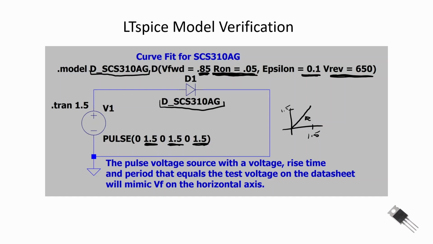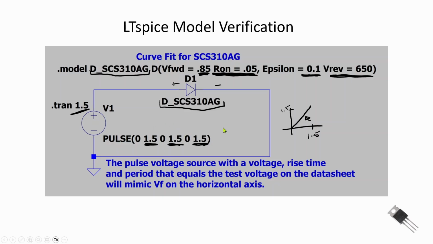By doing that, we're going to be able to look at our horizontal axis, which will be in time, but that will be representative of our voltage plus to minus across our diode. Transient time, again, of 1.5. So if your data sheet goes up to 2 volts, then take 2 volts. Go with whatever your data sheet tells you, and you can put those parameters in.